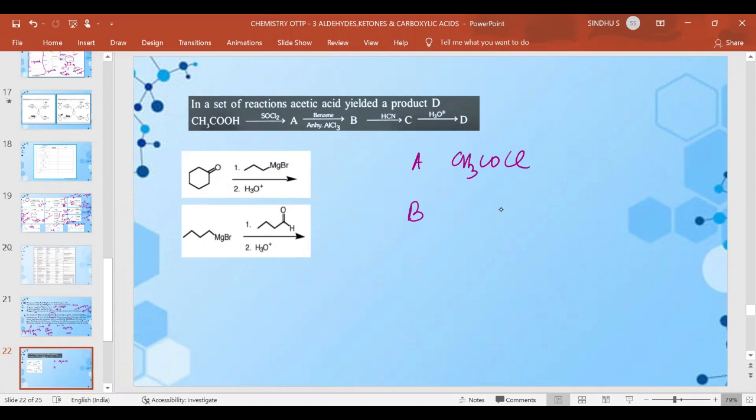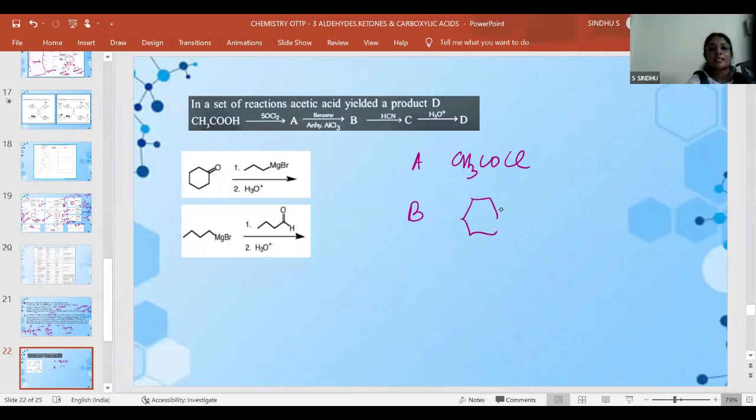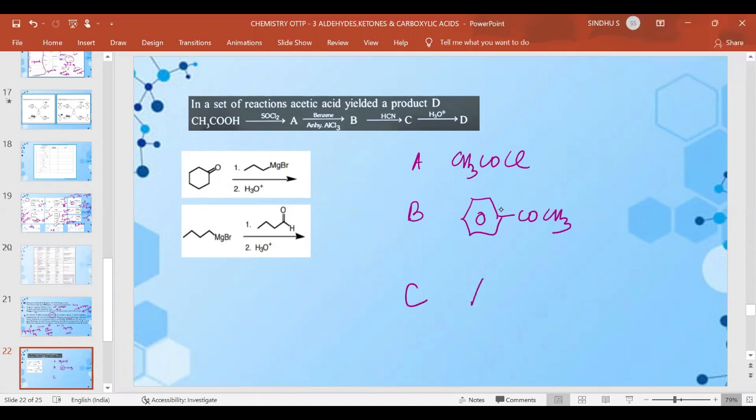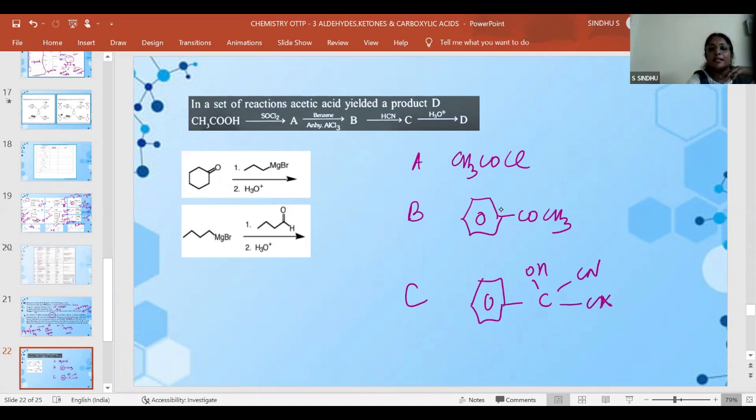The benzene acylation process, Friedel-Crafts acylation. So we get acetophenone, C6H5COCH3, acetophenone is formed, right? With HCN, cyanohydrin, right? Then hydrolysis of the cyanide group to carboxylic acid. Finally we are having hydrolysis. So our D will be this, right?